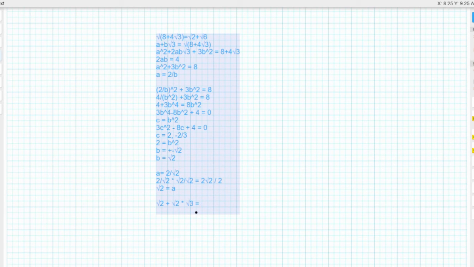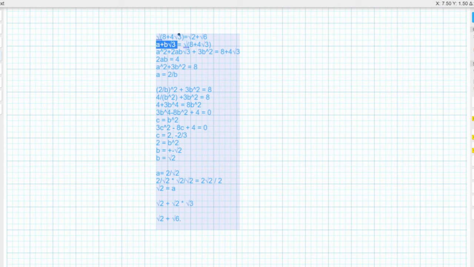Roots. My god. So the final answer would be root 2 plus root 6.